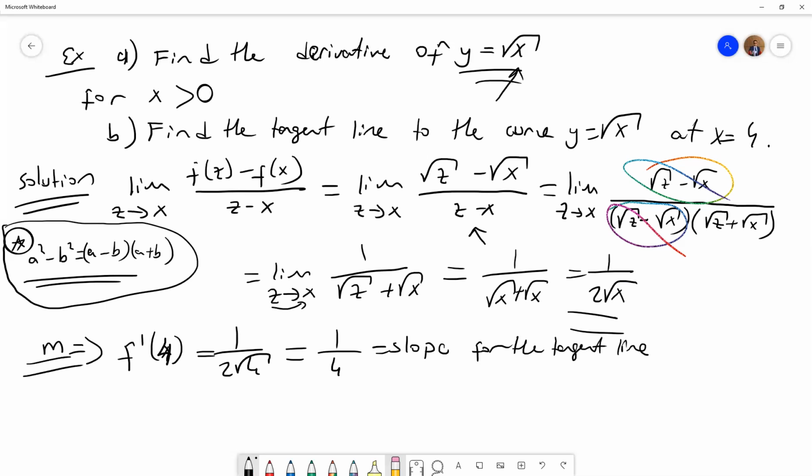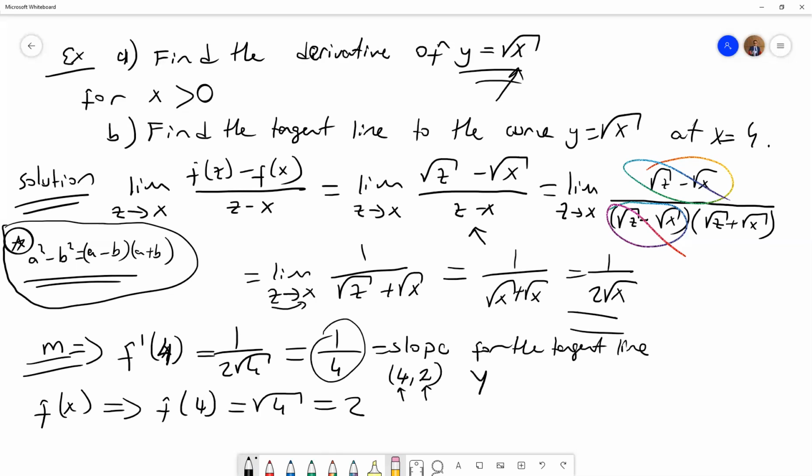Now we have a slope, and you know that for writing a line equation, we have to know also a point. For the point, we put this x under f(x). So f(4) is equal to square root 4, and it is 2. So our point is: abscissa is 4, and ordinate is 2, and we have slope 1 over 4.